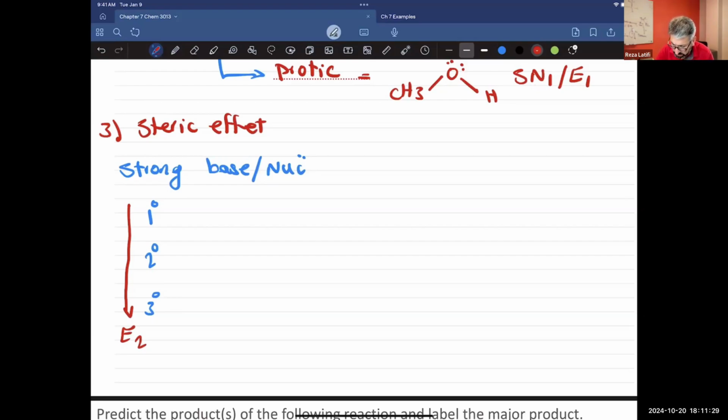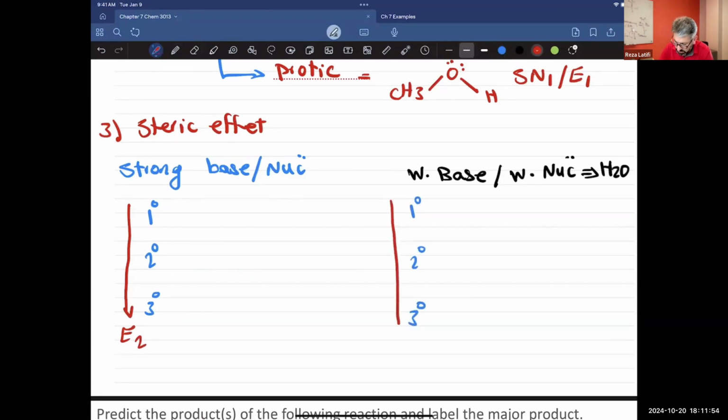Now, when it comes to a weak base or weak nucleophile, for example H2O, again, as we increase the steric effect, I expect to see more elimination product. But when it comes to tertiary, you need to be careful.